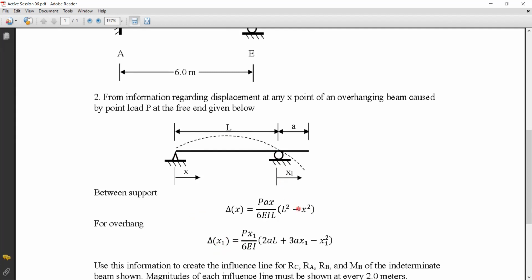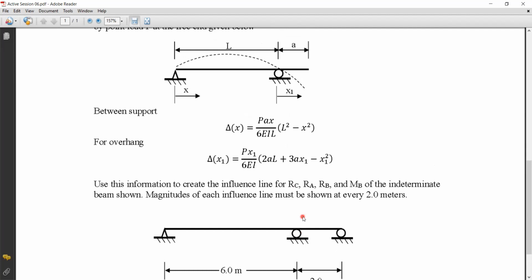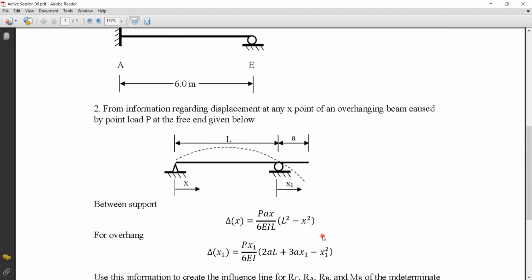The first formula gives you the deformation between the supports, and the second one gives you the deformation beyond the roller. What does this imply? You can use this to calculate, maybe, RC instead of the one in the middle. Okay, for example, that's the key.